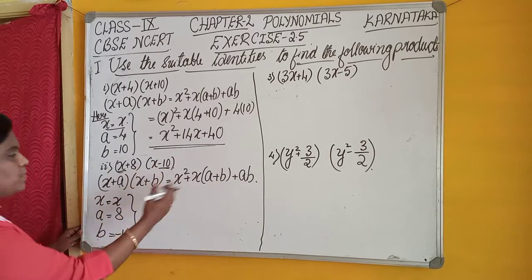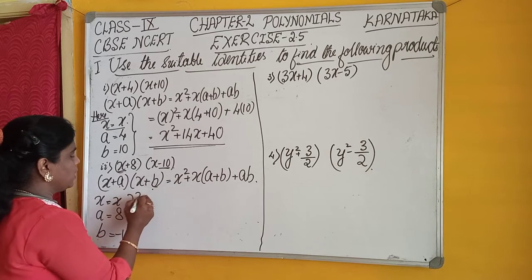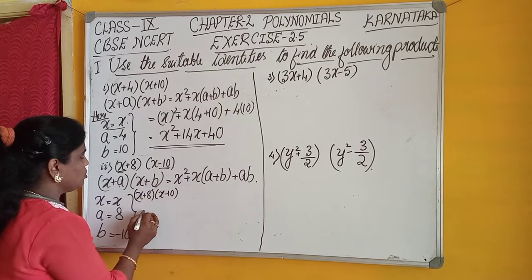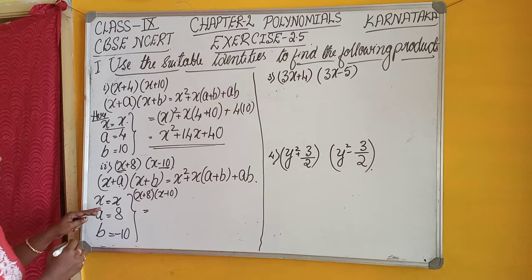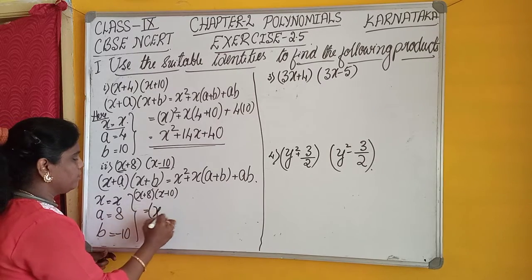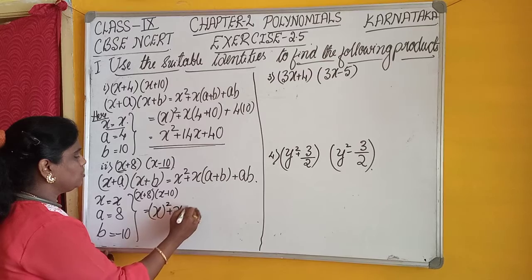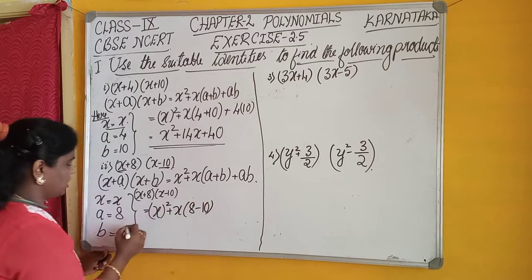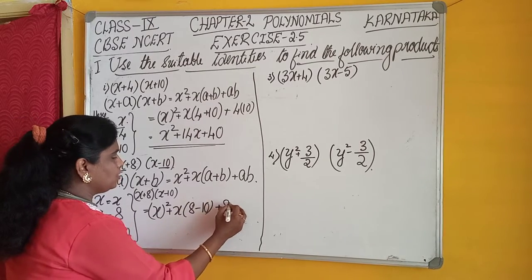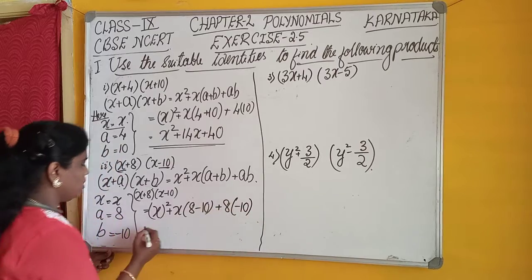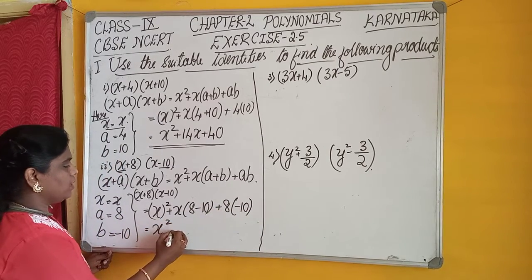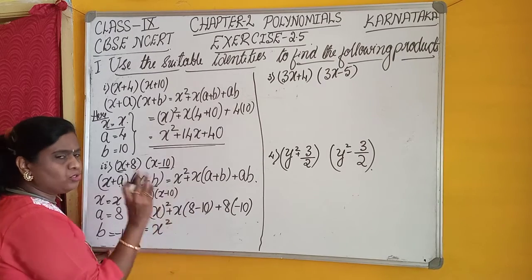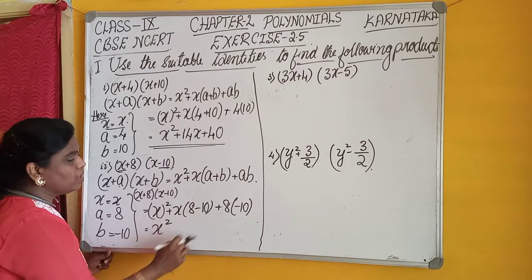Now substituting these values, x plus 8 into x minus 10 is equal to x square plus x into (8 minus 10) plus 8 into minus 10. That is equal to x square, and here 8 minus 10: we take the difference, which is 2, and the sign of the greater number is minus.